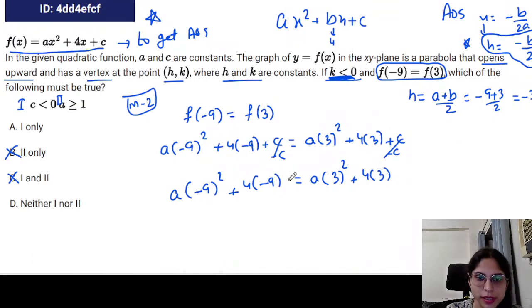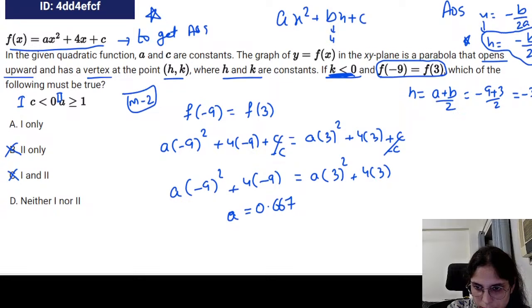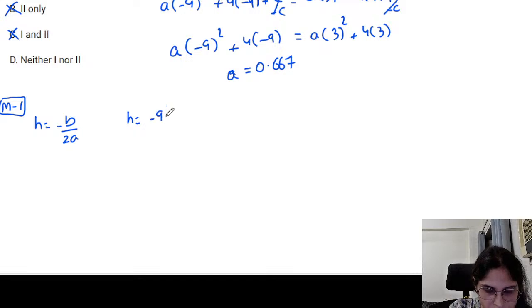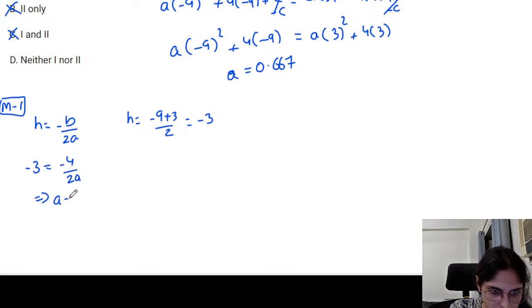So from here also you will get the value of a as 0.667. I think I have enough space, so I will write method 1 over here. From here you are getting a is 2/3.